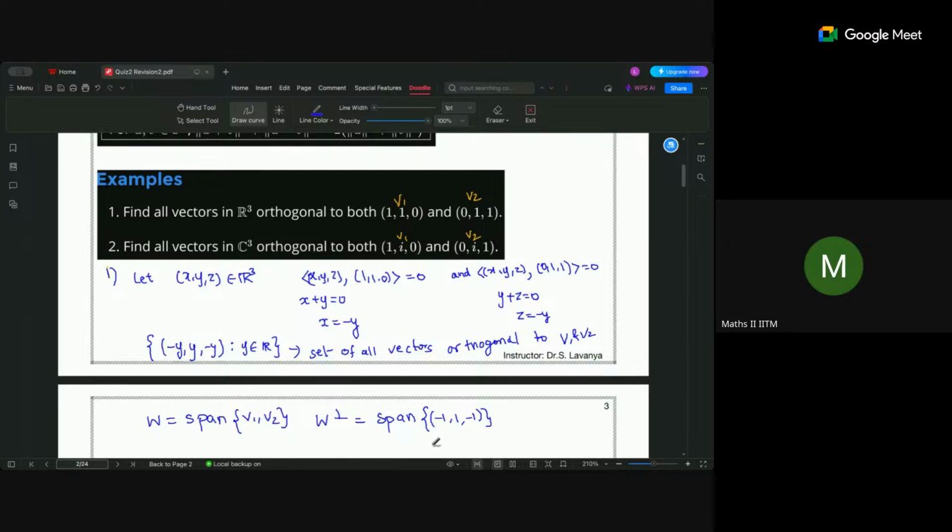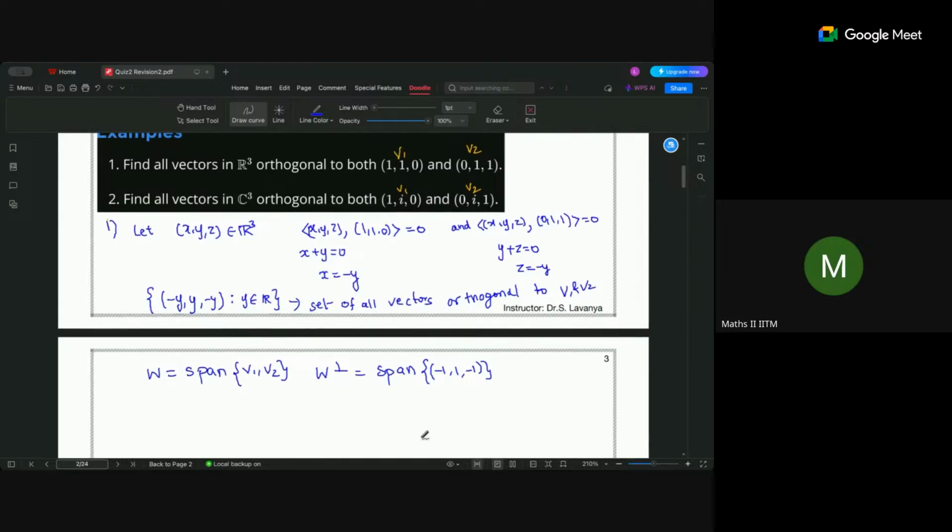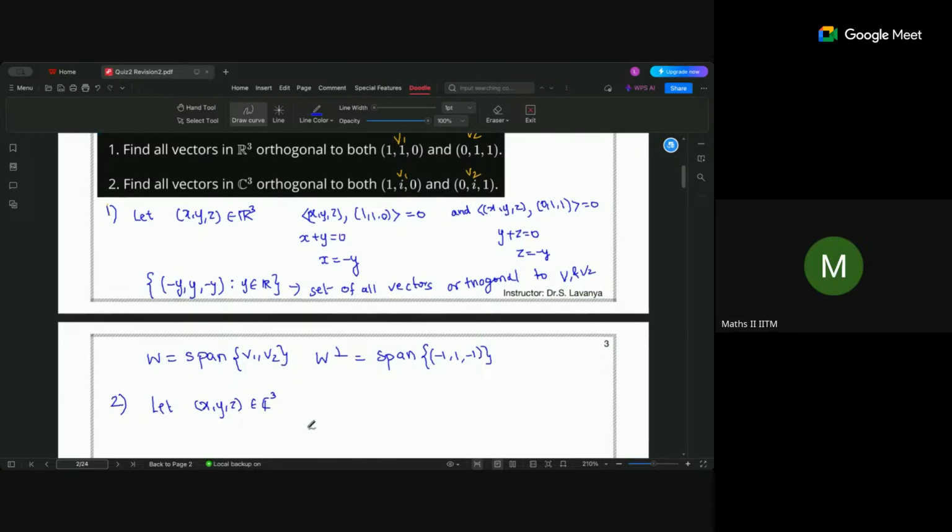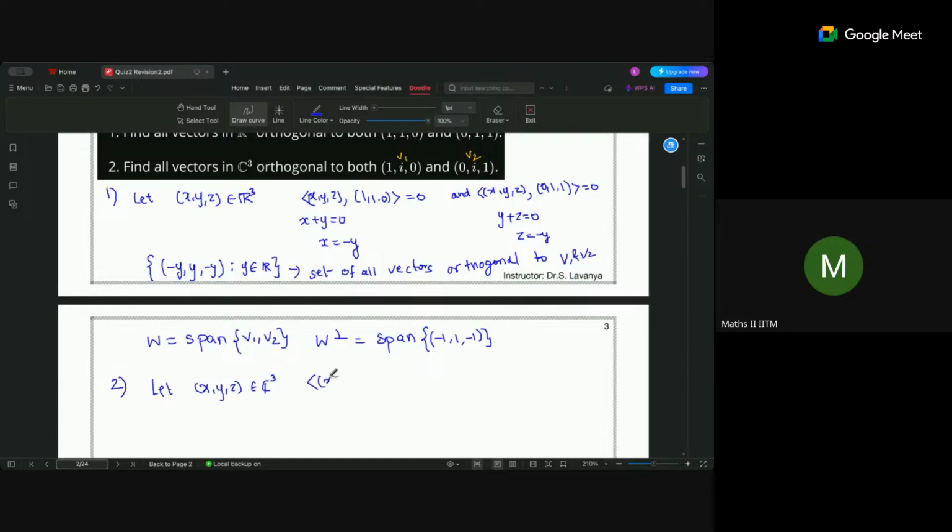Next example. Now we are in C3, so you should use the corresponding inner product. You have two vectors; let's do the same process. Let (x, y, z) be in C3. Now the inner product of (x, y, z) with (1, i, 0) is 0, and the inner product of (x, y, z) with (0, i, 1) is 0.